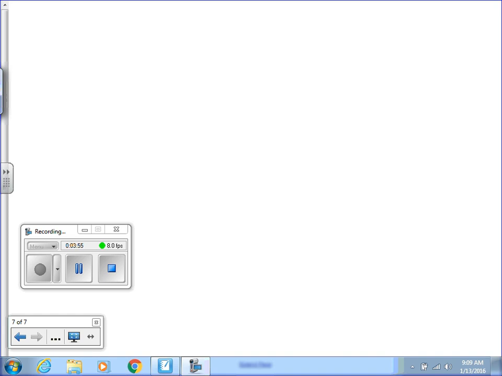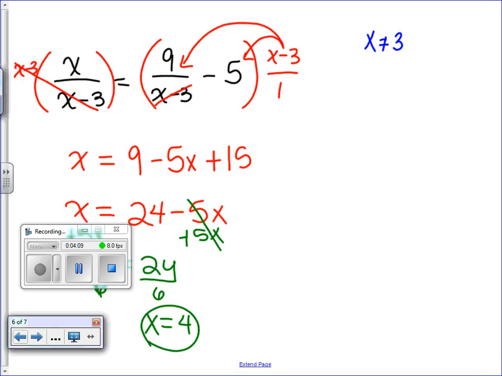All right. Now, I'm going to write another problem here, and I'm going to show you it has more than one denominator. This one had the same thing in the bottom, so multiplying by that one thing got rid of everything.